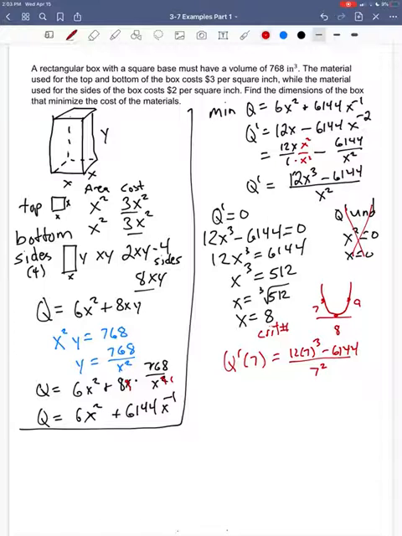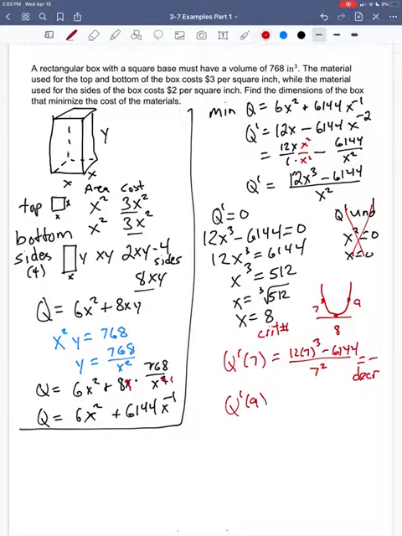You could plug that into a calculator or just think about it this way. If I were plugging in 8, my critical number, that would make this whole top equal to 0. If I plug in 7, this is going to be less than it was before, so I'm going to get a negative in the top, and I've got, of course, a positive in the bottom. So that's going to be negative, so it is decreasing at 7.